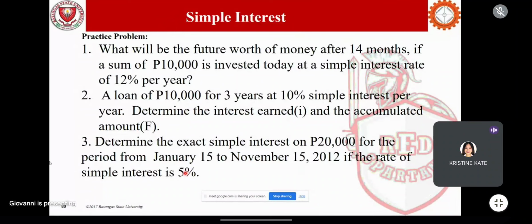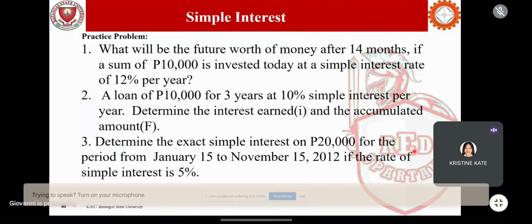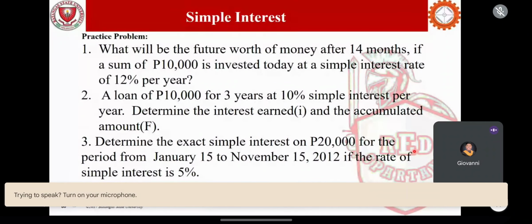Then for F, the accumulated amount, I used the formula P times the parenthesis of RN plus 1. Then when I substituted, 10,000 parenthesis 0.10 times 3 plus 1.